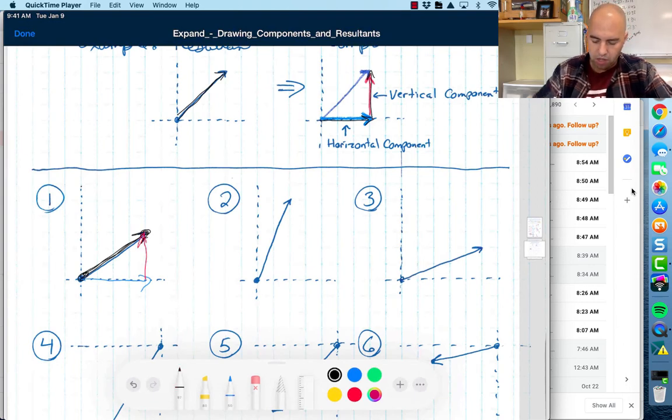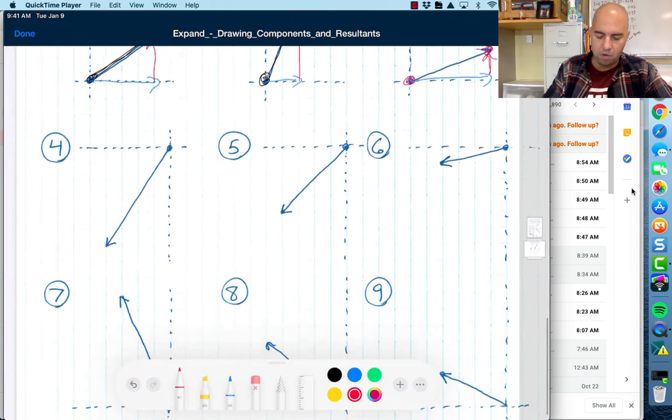For number 2, if I want to start here and end up here, and this is my resultant, then I'm going to need to go over 2 to the right, and I'm going to need to go up, what is that, 4? Okay. Same thing here with number 3. If I want to go from here to here, I'm going to go over 5 to the right, and I'm going to go up 2.